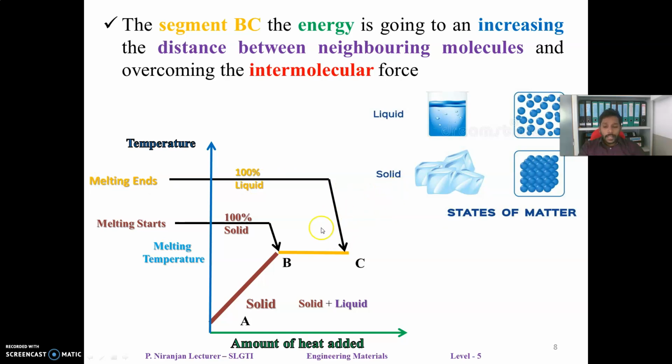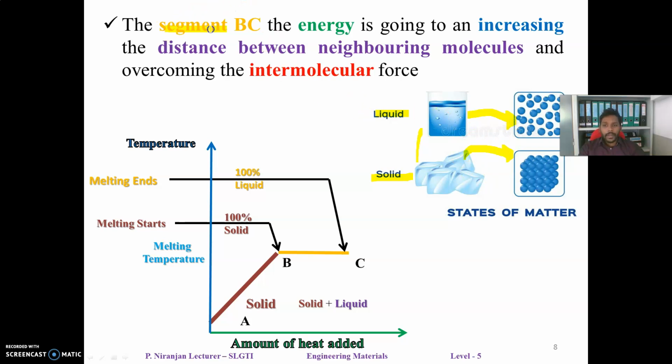Here I gave the reason also. This is my solid material and this is my liquid material. This is the physical state. If we go further to the intermolecular level, you can see the bond length difference between solid and liquid. The liquid bond length is very high compared to the solid.